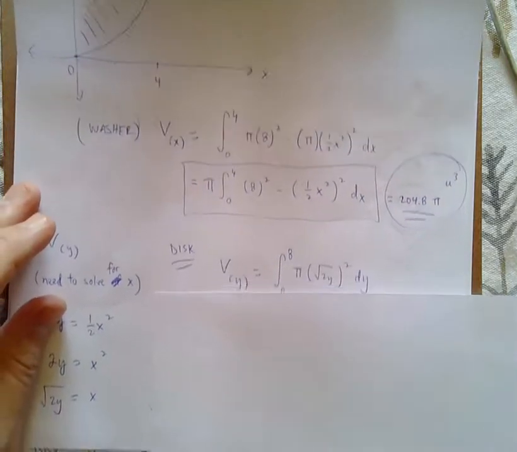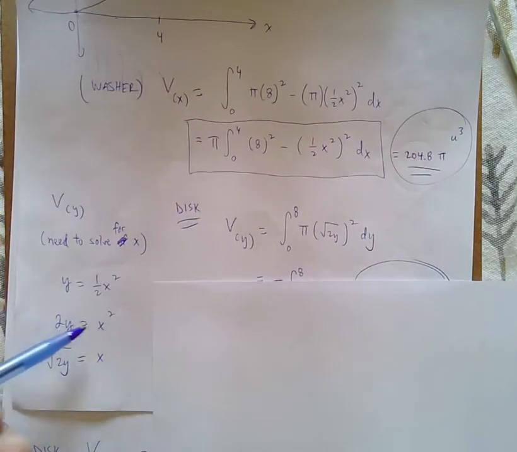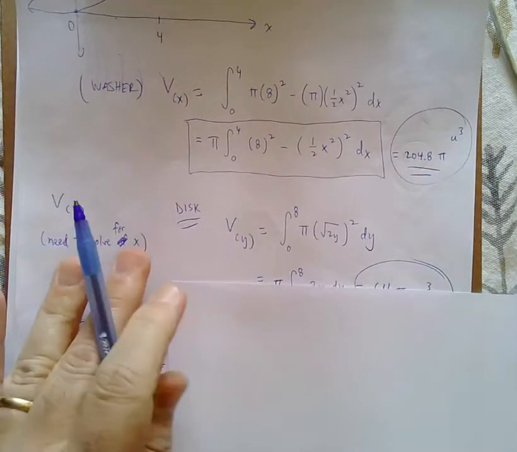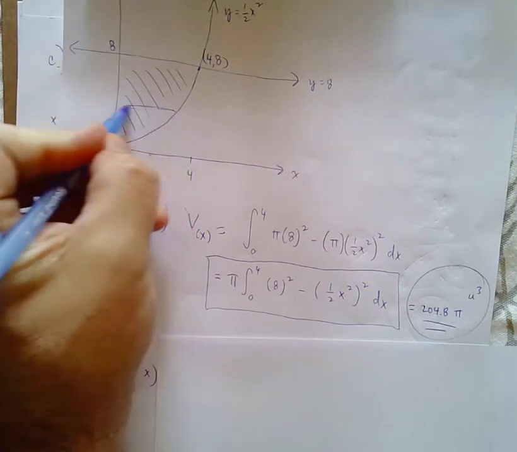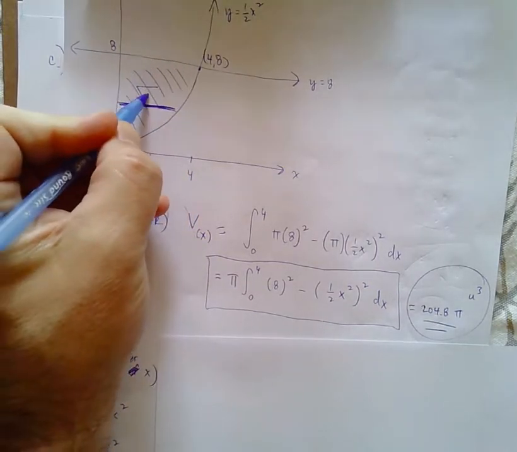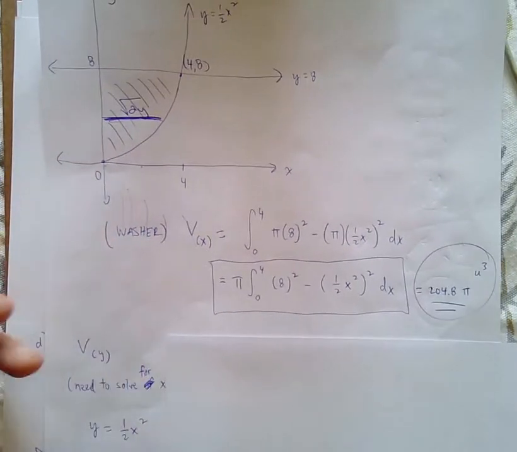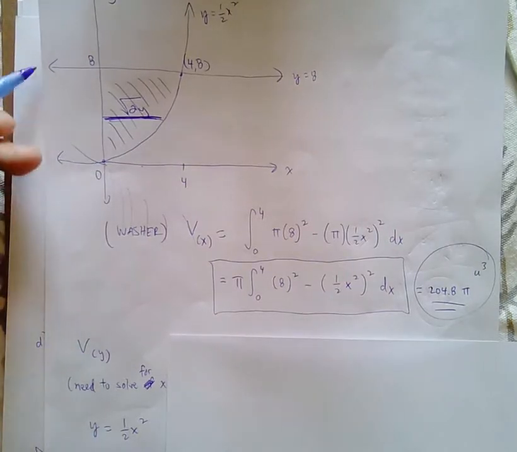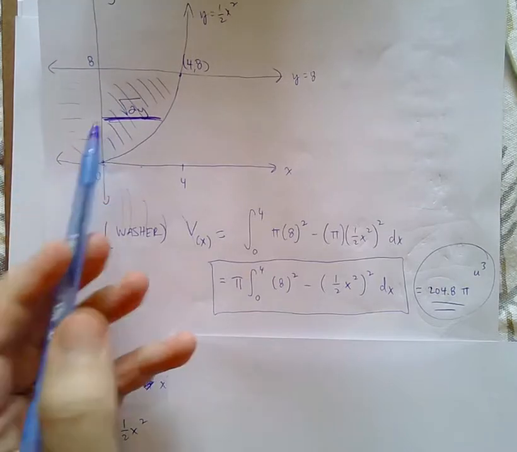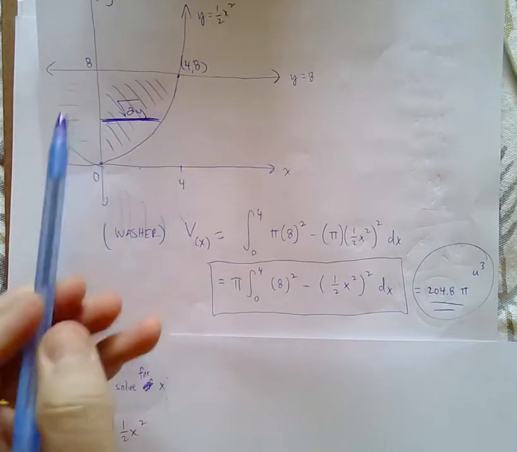Multiply both sides by 2, and then take the square root. So that's where you get that this distance right here is radical 2y. And now the limits of integration are going to be on the y-axis, and it's essentially a disk. It's going to be like this bowl shape, if you will, as I rotate it around the y-axis.